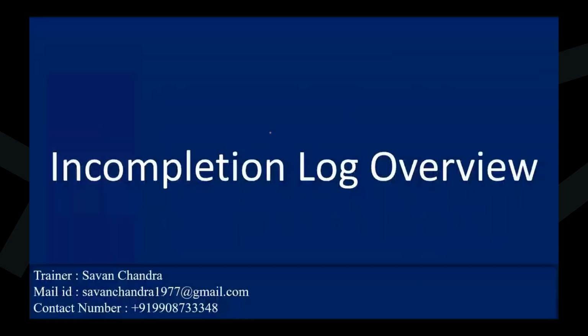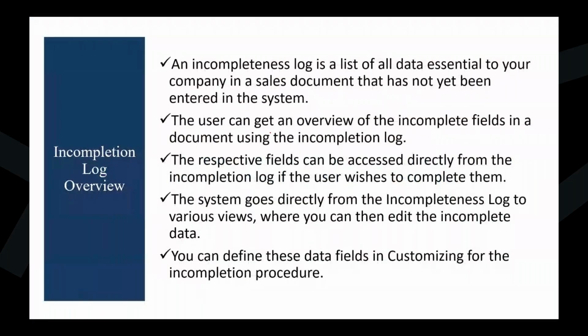First we'll understand what the incompletion check or incompletion log is. An incompleteness log is a list of all data essential to your company in a sales document that has not yet been entered in the system.